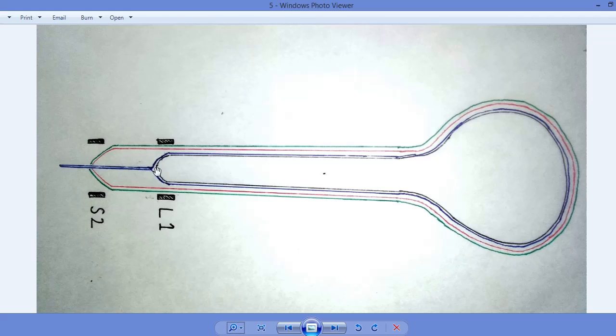The cauda equina starts from this portion. I have not drawn the cauda equina over here, but the nerve fibers which arise from this portion are called cauda equina.